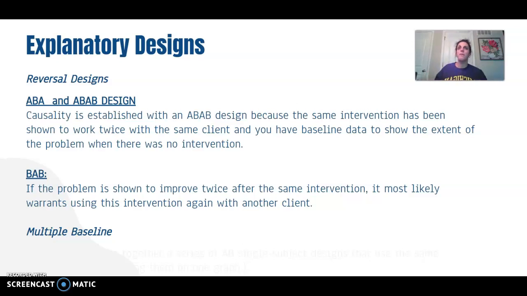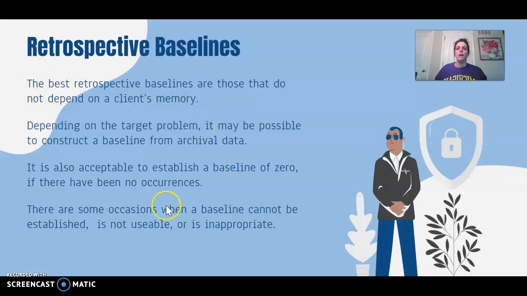And so you're going to implement the same meditation intervention, having them meditate 10 minutes a day to see if that helps improve their anxiety. So now you have 3 different clients who have 3 unique baselines and 3 unique B phases to look at. And again, if you're seeing that multiple baselines are being improved with this intervention, then you might be able to start drawing some causality that it's effective in treating that target problem.